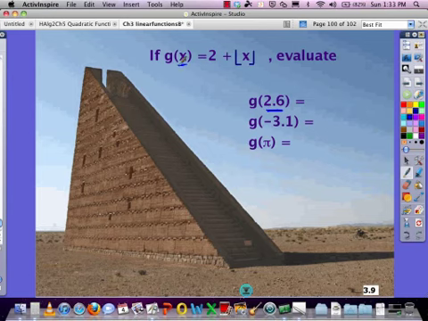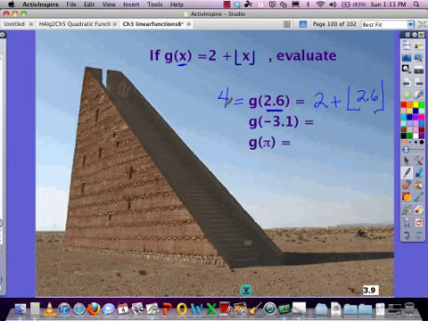So your brain is really saying g of 2.6 is 2 plus the greatest integer function of that 2.6. And greatest integer function of 2.6 is 2. 2 plus 2 is 4. So when we do the math there, we get a final answer of 4.